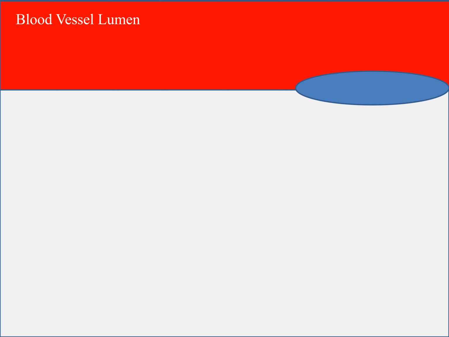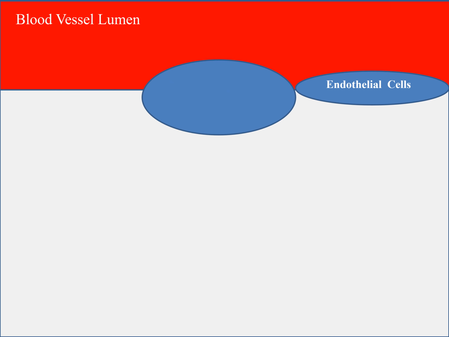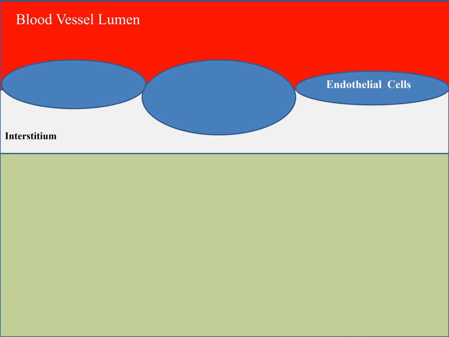So here we have the lumen, and here I'm drawing the endothelial cells. One of them I just enlarged a little bit to be able to show you what might be happening inside it. And here we have the smooth muscle cell.